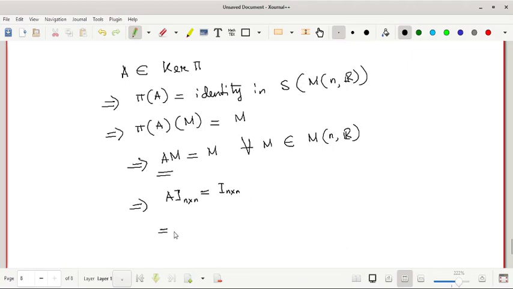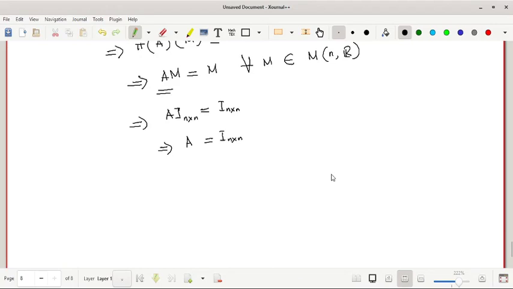But what is AI? AI is A. So A is equal to the identity matrix. Therefore, the kernel of the homomorphism pi will be the singleton identity, that is the identity element in GLnR. So it's a trivial subgroup of GLnR, and therefore the action is faithful.